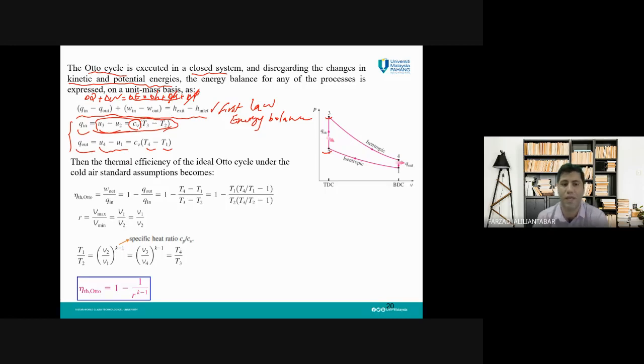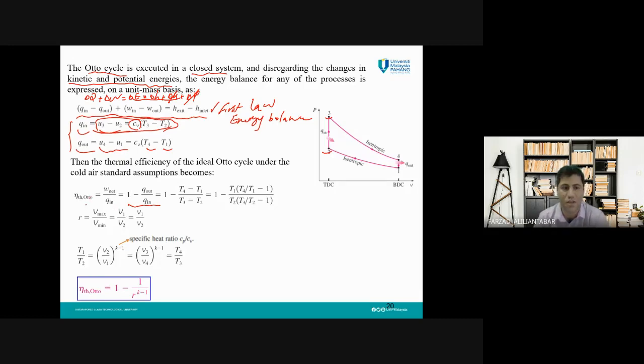Now, again, from thermodynamics, you know that the thermal efficiency of any type of cycle is equal to W net divided by Q in, or 1 minus Q out over Q in. In the previous session I also reviewed that the thermal efficiency of any cycle can be calculated by the equation for a heat engine, and an internal combustion engine is also a heat engine.